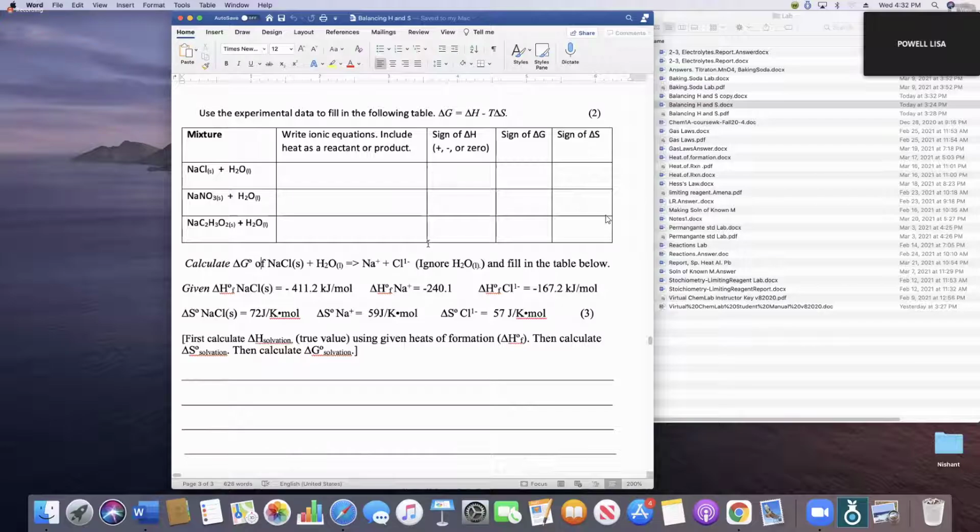We did NaCl, then NaC2H3O2, and then NaNO3. Yeah, you're right. So I'm thinking that the only one that went up is the NaC2H3O2, which means, Professor, that's an exothermic reaction. Yeah, that's correct, which means that's the only one that's negative.